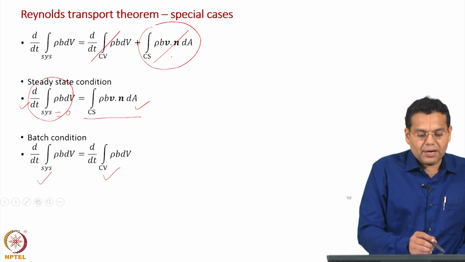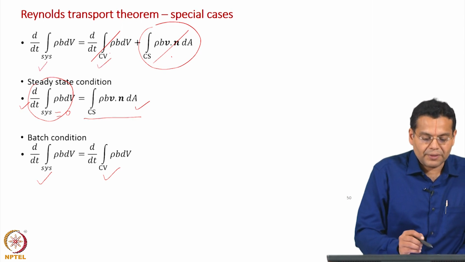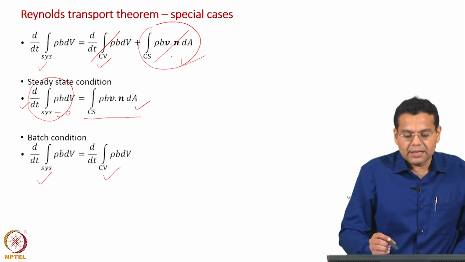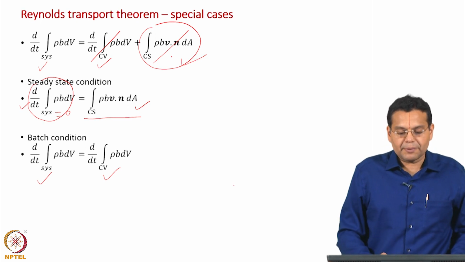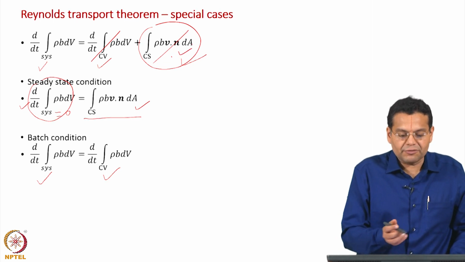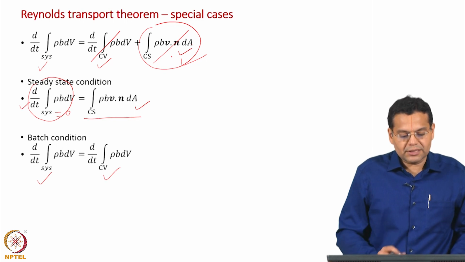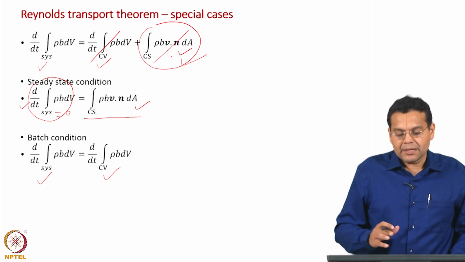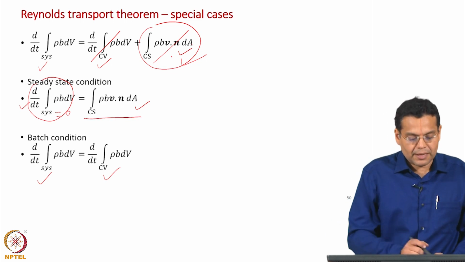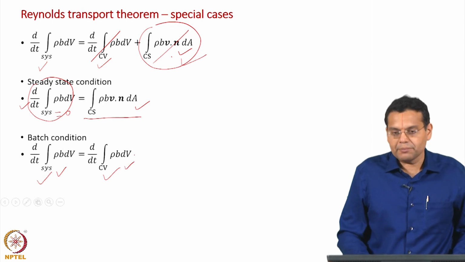Now, if you look at the Reynolds transport theorem, the rate of change of property for the system and control volume are the same, but for this term which represents the net rate at which property leaves the control surface. Otherwise, both of them are the same. So, this term is what makes a difference between the two time derivatives. So, in the batch condition, or where the net rate term is 0, the rate of change of property for the system and control volume become equal.